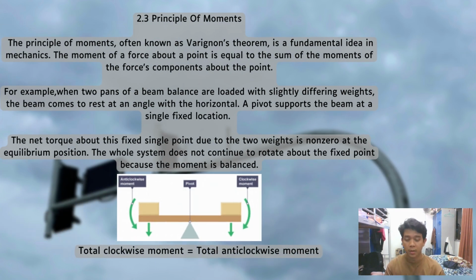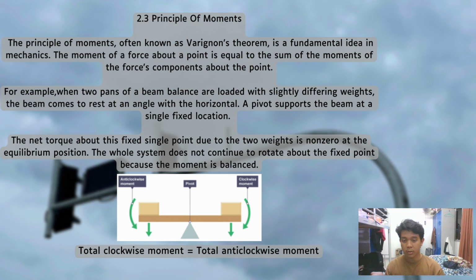Principle of moments. The principle of moments, often known as Varignon's theorem, is a fundamental idea in mechanics. The moment of a force about a point is equal to the sum of the moments of the force components about the point. For example, when two pans of a beam balance are loaded with slightly differing weights, the beam comes to rest at an angle with the horizontal. A pivot supports the beam at a single fixed location.